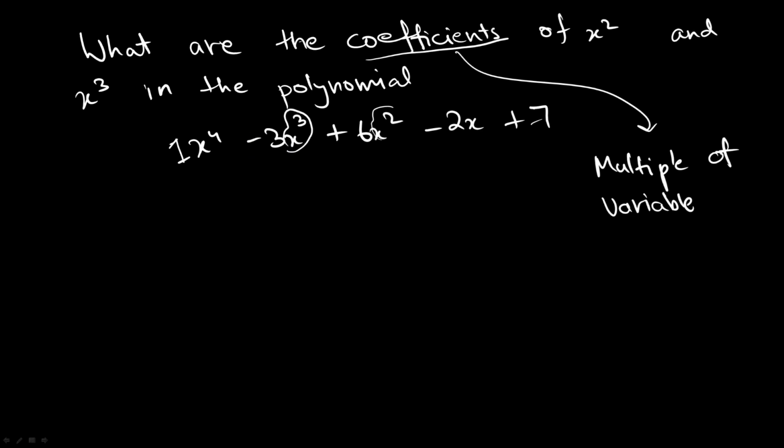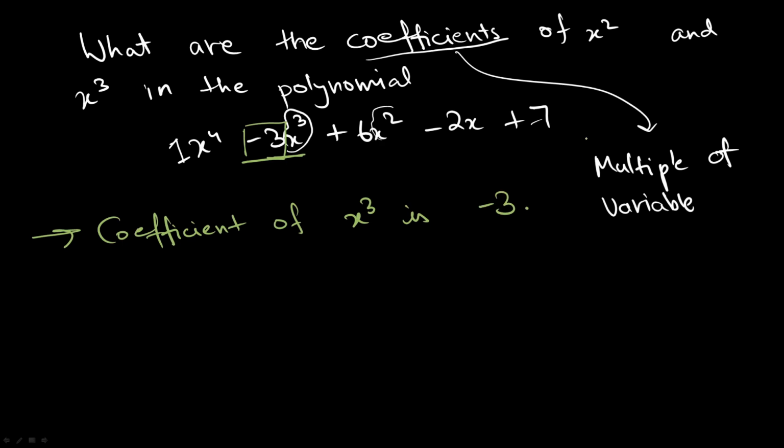So let us first find x cube. We can see here is x cube and its coefficient is going to be -3 since it is multiplied by -3. So let us write here: coefficient of x cube is -3.